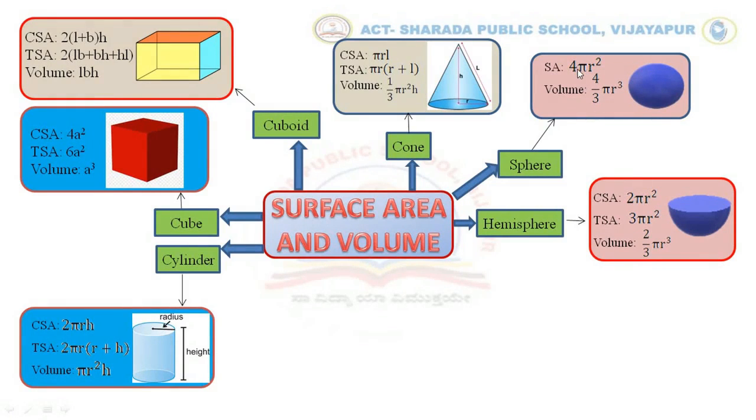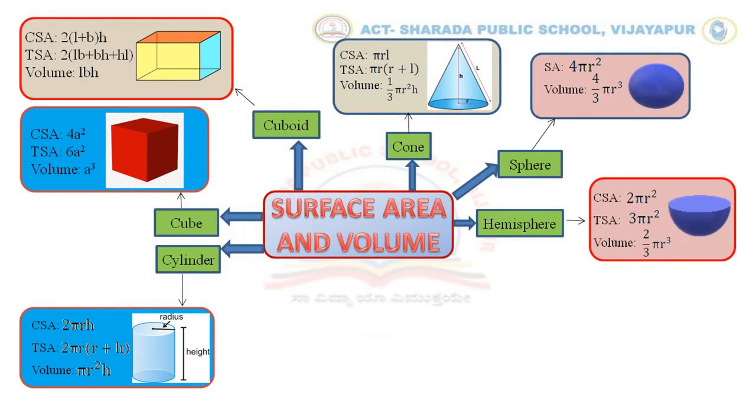The surface area of the sphere is 4 pi r square, so half of it gives CSA equal to 2 pi r square, whereas the total surface area includes the area of the circle. So totally it becomes 3 pi r square. And the volume of the hemisphere is given by the formula 2 by 3 pi r cube.